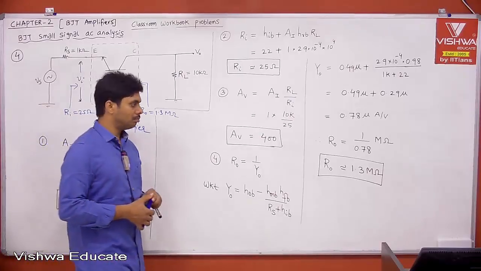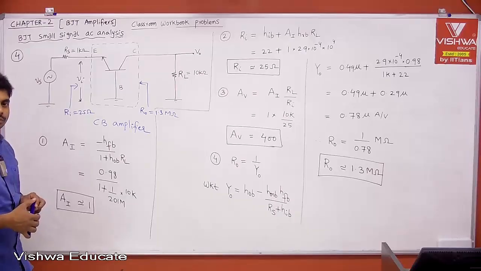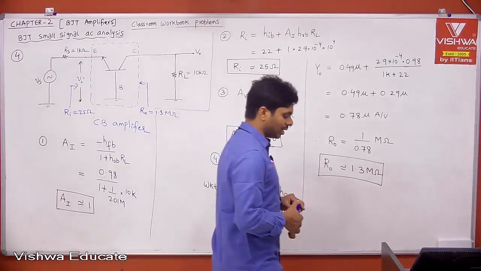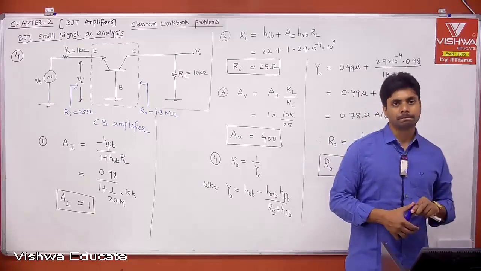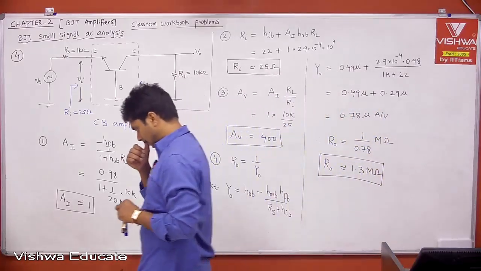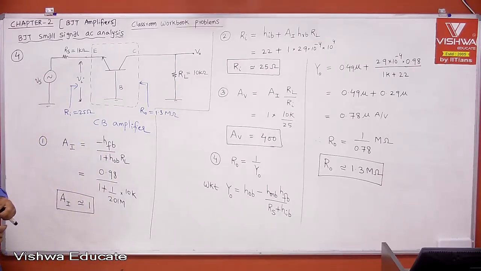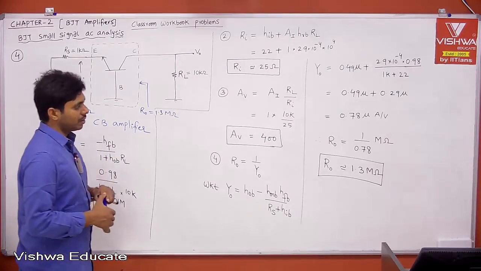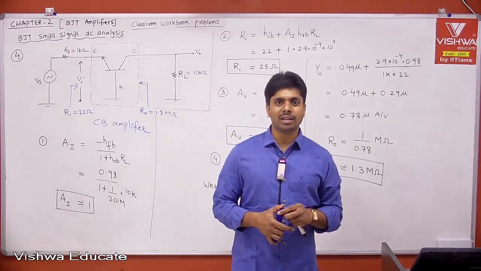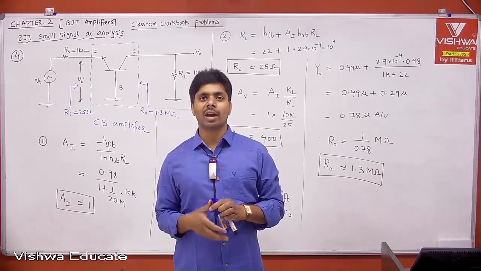But current gain is unity. Therefore, actually the common base amplifier is providing very good impedance matching for current amplification, but it doesn't have current gain.